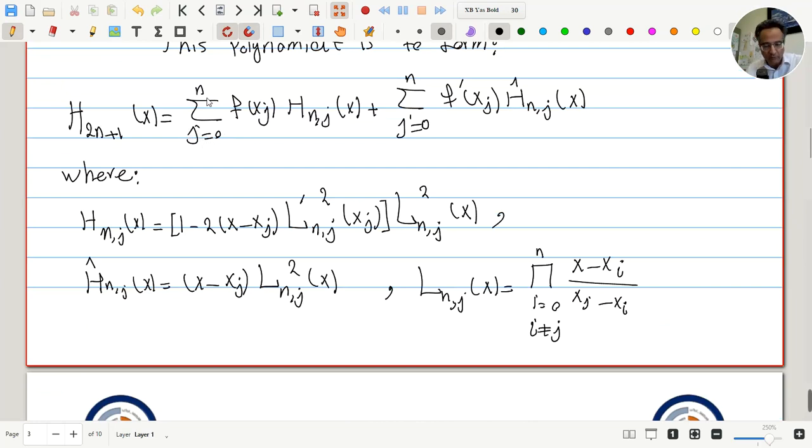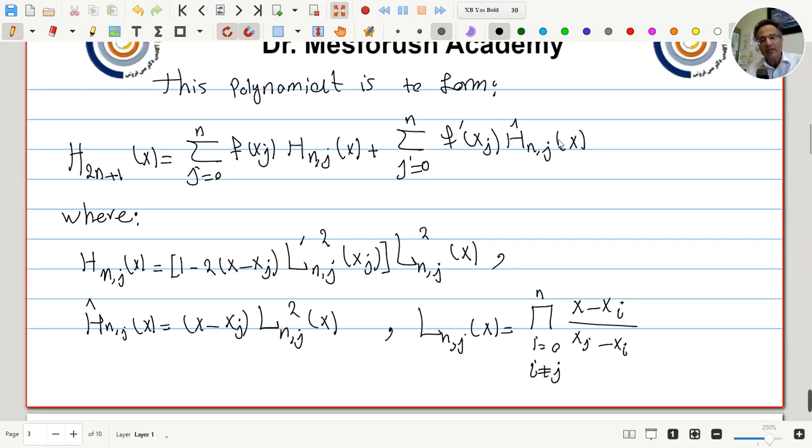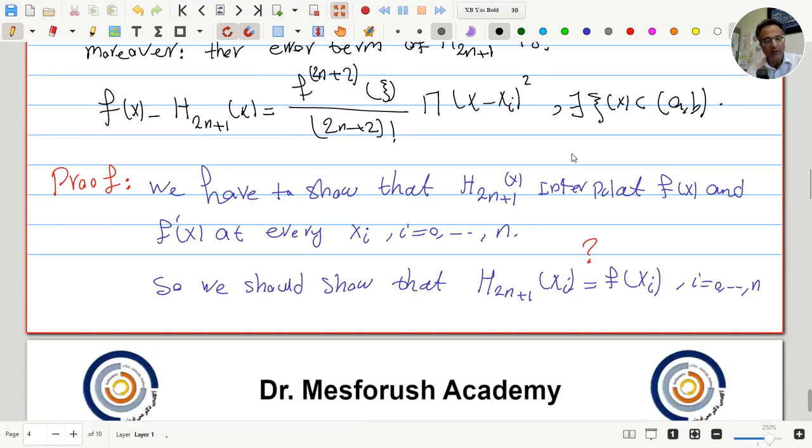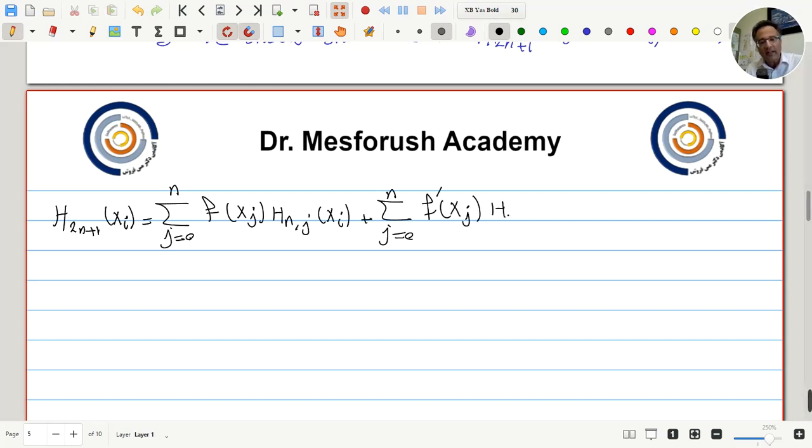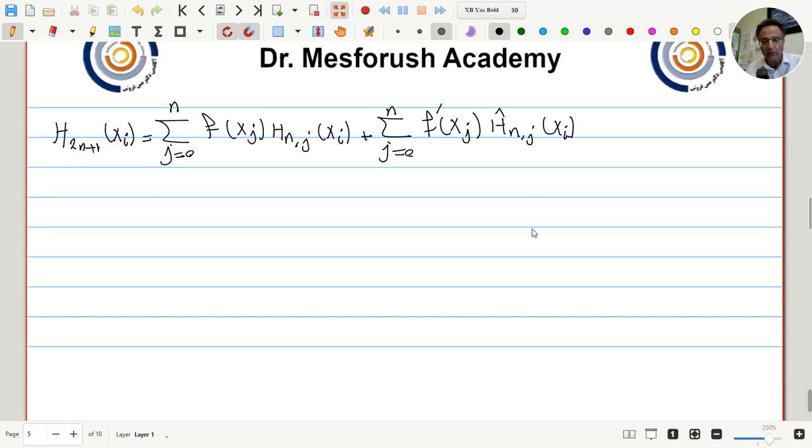The sum j equal to 0 to n of f of x_j times h_{n,j} at x_i, plus the sum j equal to 0 to n of f prime at x_j times h hat_{n,j} at x_i. In fact, here x_i should appear, and also here in h hat_{n,j} x_i should appear.